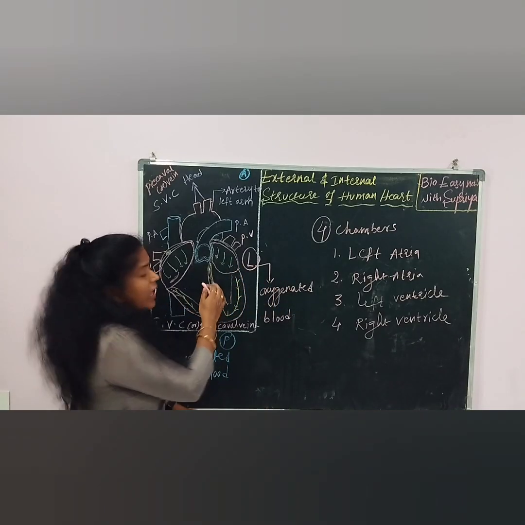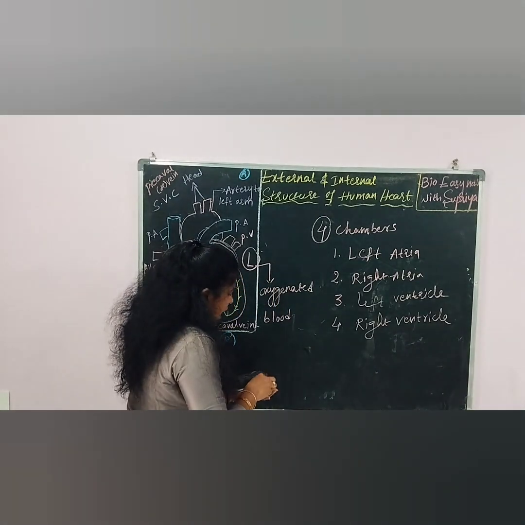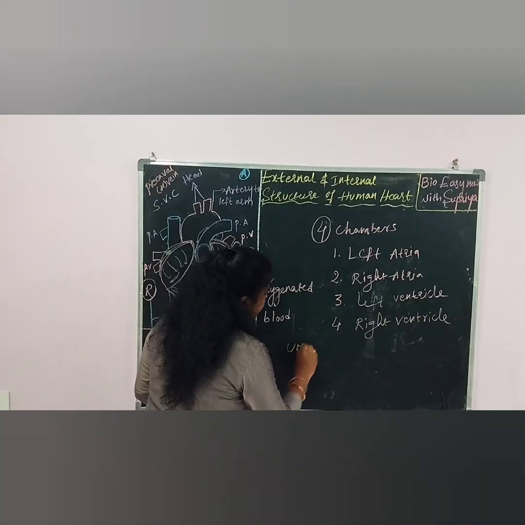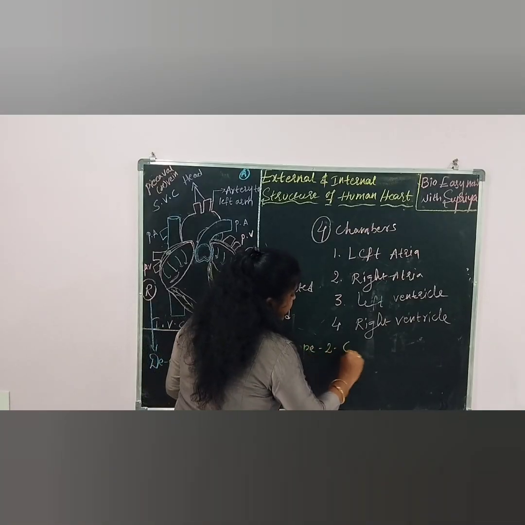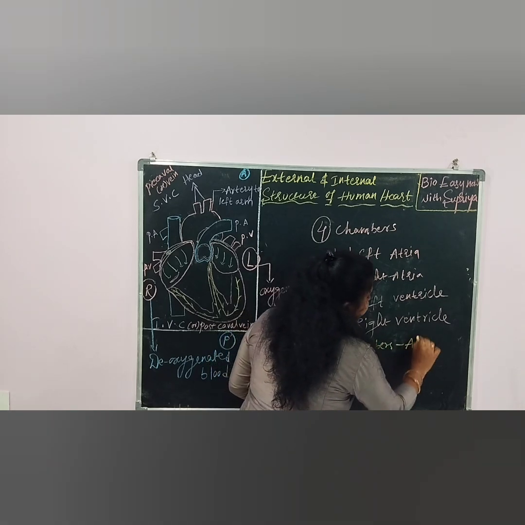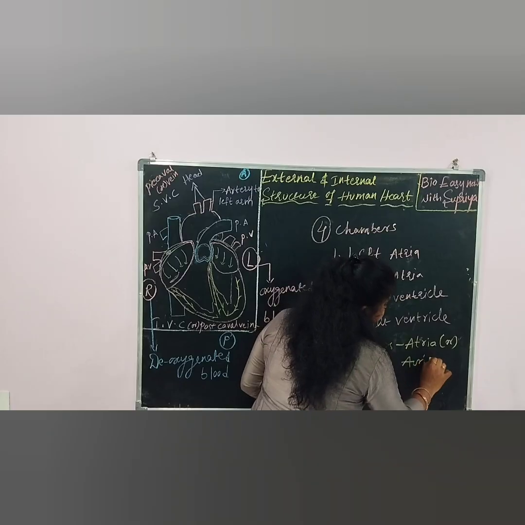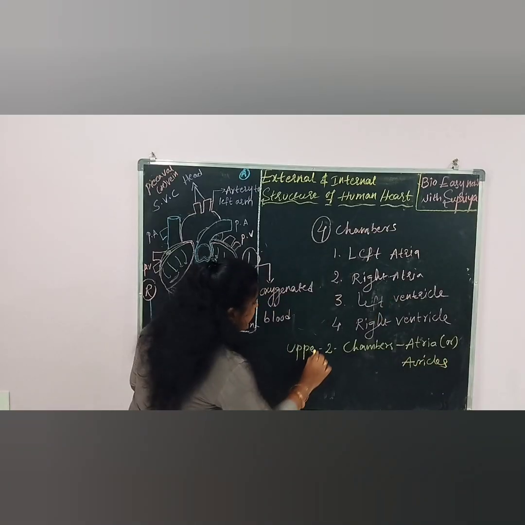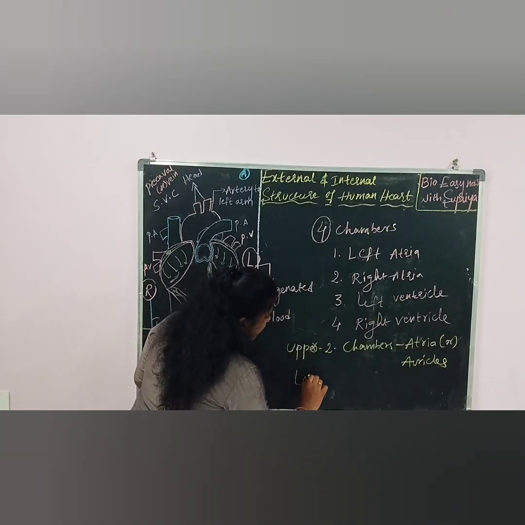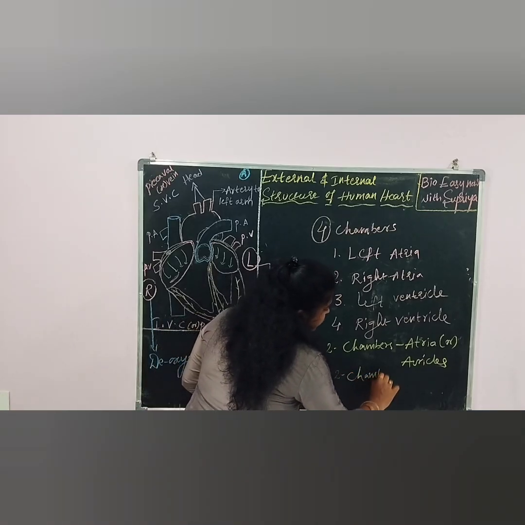Here I said that the heart is divided into 4 chambers. The upper 2 chambers are the atria, or the auricles, and the lower 2 chambers are the ventricles.